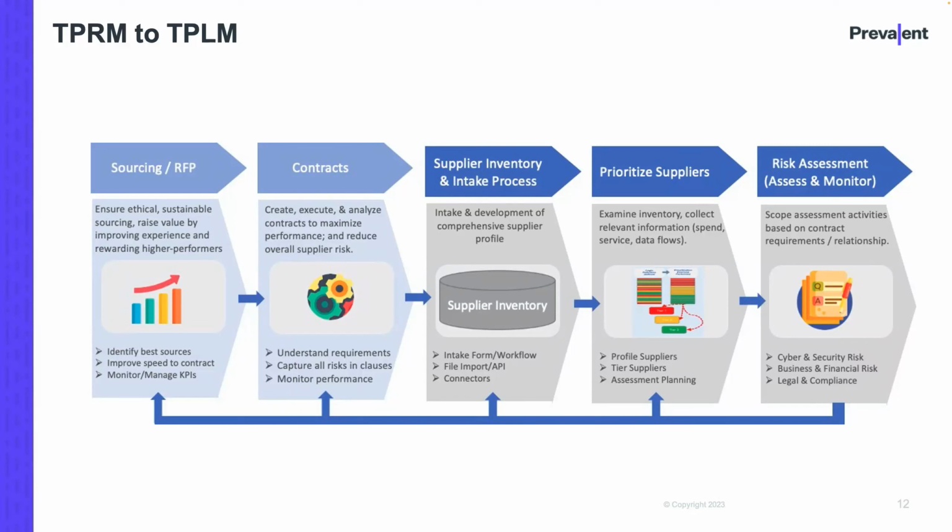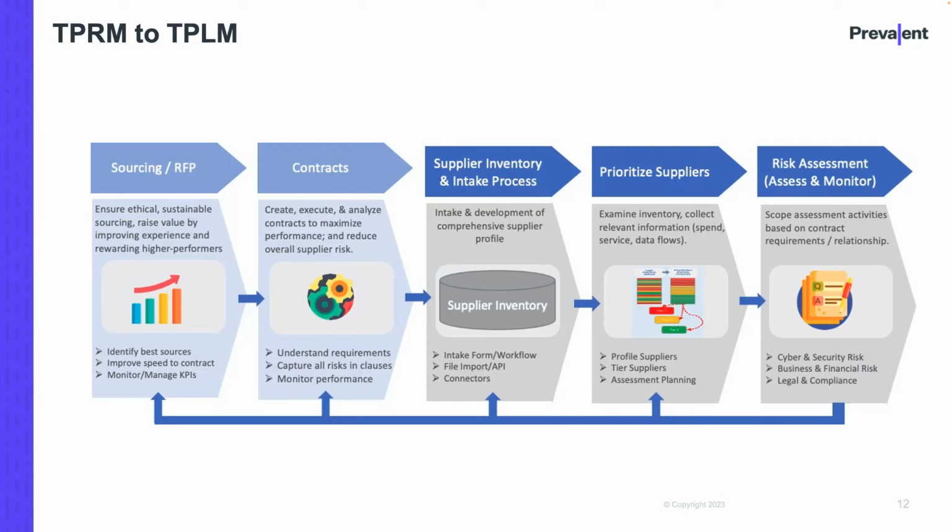I think TPLM has always existed, lifecycle management has always existed, but with the capabilities of tools and workflows now, the aperture is adjusted, so people are looking at that broader space and piece as opposed to the individual components. So this is a very reductive slide of looking at it, but when you start looking at the criteria, you start, of course, with sourcing and RFP.